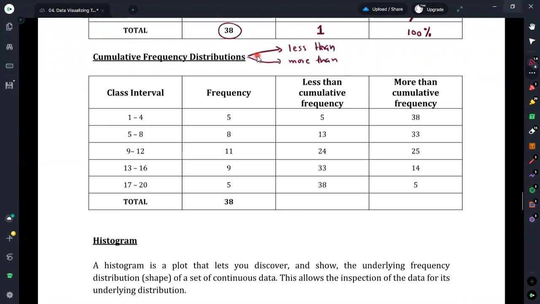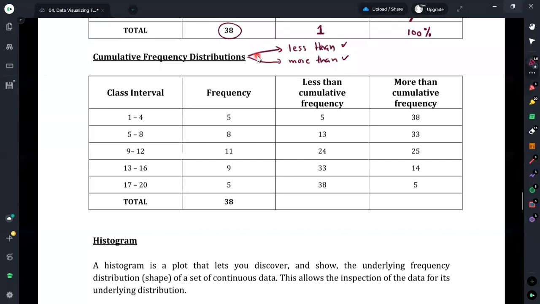First we construct the table up to obtaining the frequencies, and then we can obtain the less than or more than cumulative frequency distribution. Now, first I will discuss obtaining the less than cumulative frequency.